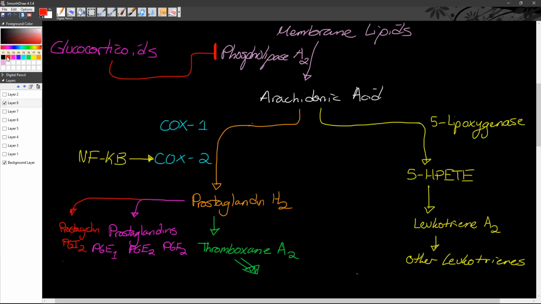What glucocorticoids are doing as well is that they are working on NF-κB and decreasing the expression of the COX-2 enzyme. So even though we are affecting the metabolism and the creation of arachidonic acid, which is all well and good, that's going to take some time.